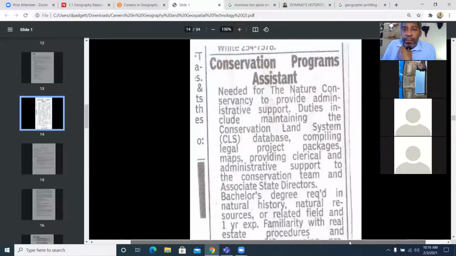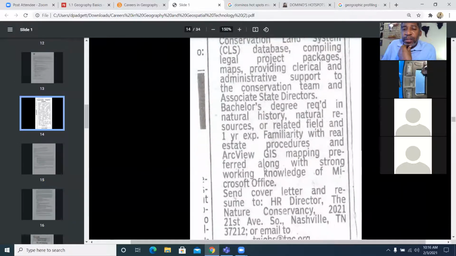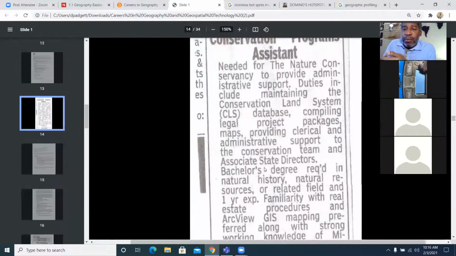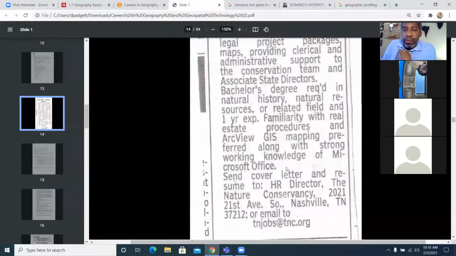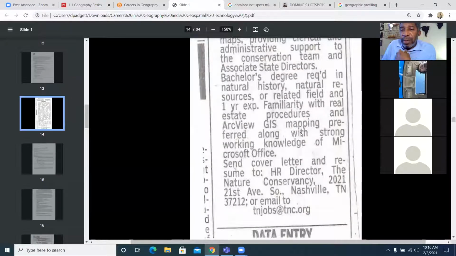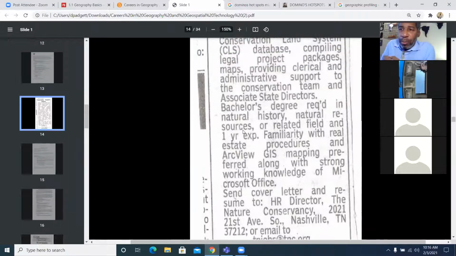Here's another ad from conservation. Anything having to do with the environment or environmental conservation, endangered species habitat or what have you, will involve some geographic information systems skills. So one of the points I'm trying to make here is that you don't necessarily have to become a GIS expert.